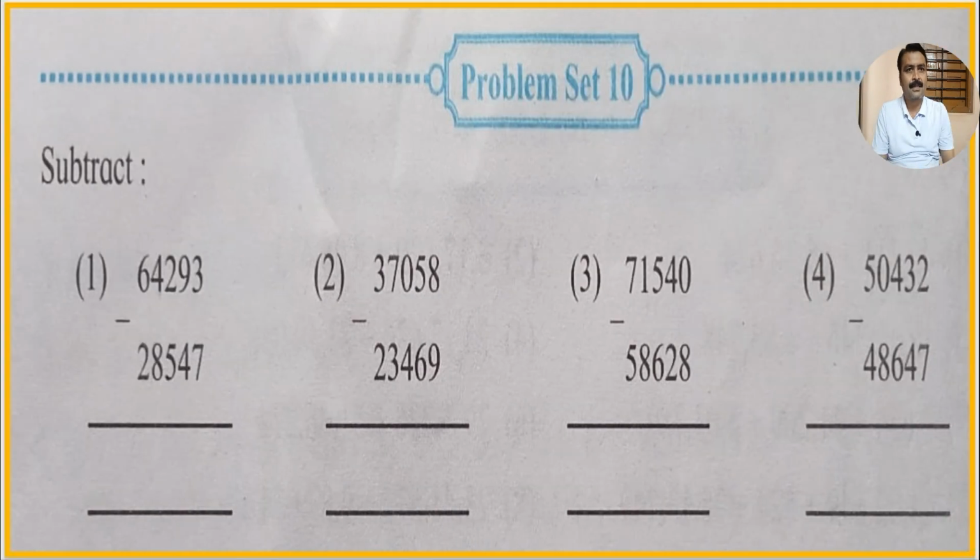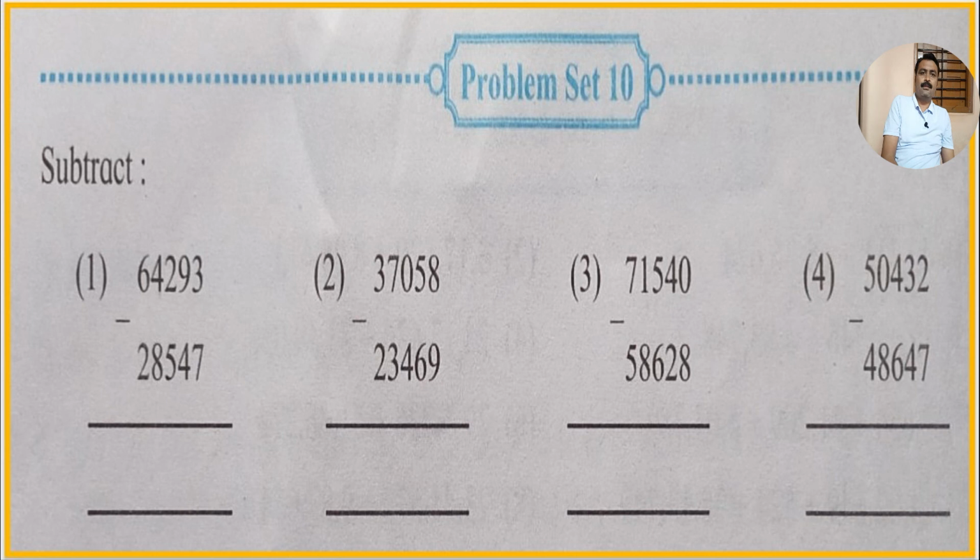Now this problem set I am showing in this way. Problem set number 10, subtract. Just 4 examples are given, and while giving these 4 examples, the vertical arrangement is already done there. So the first example I want to read out: 64,293 minus 28,547.